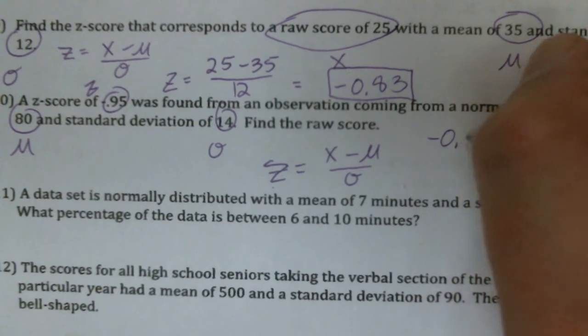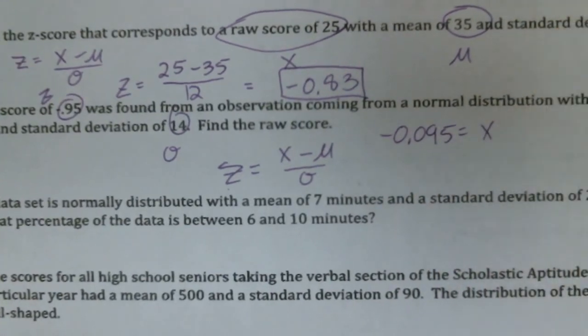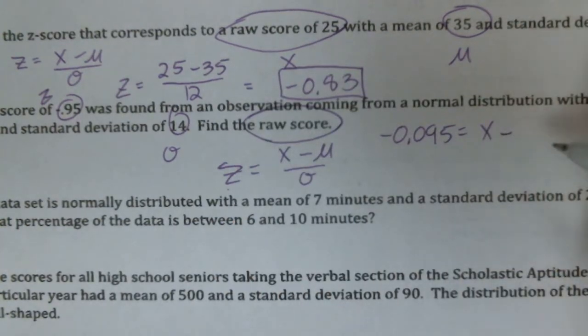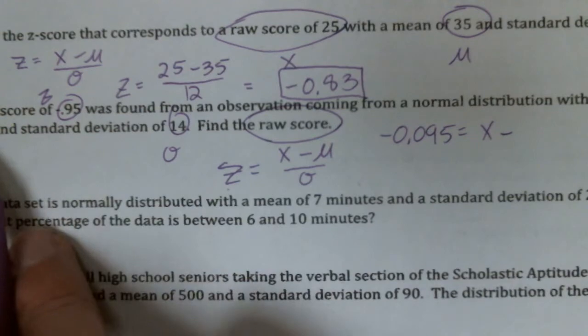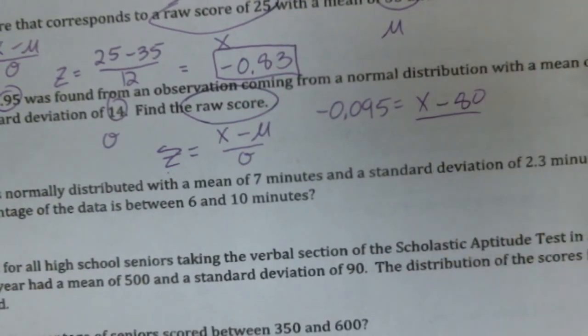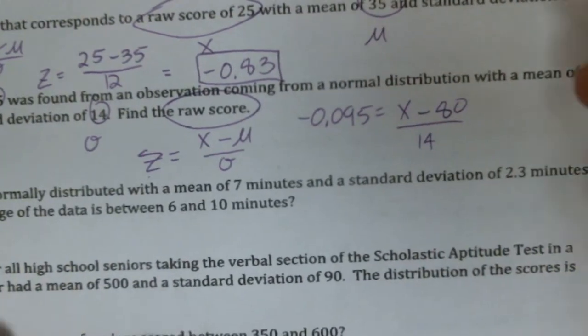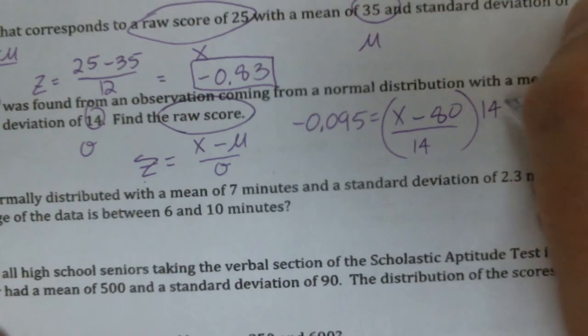It's negative 0.95. That's going to be equal to this raw value. It says find the raw value. That's what I'm trying to find, x, minus the average, which we said was 80. That's my mu, divided by the standard deviation, which was 14. Okay, how do I solve this? I'm going to multiply both sides by 14.